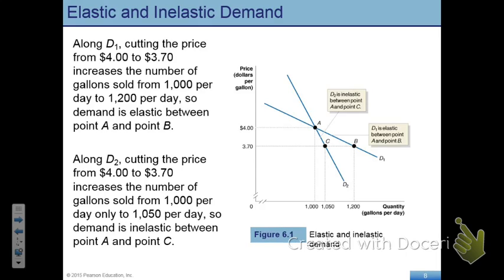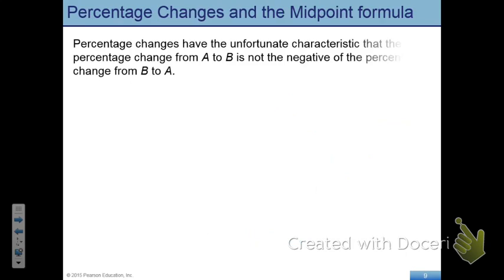You can also do the calculations. You will see that the price elasticity of demand under D1 is greater than 1 and under D2 is less than 1. So there are various ways of interpreting the price elasticity of demand number. They are directly connected with the shape of our demand curve.